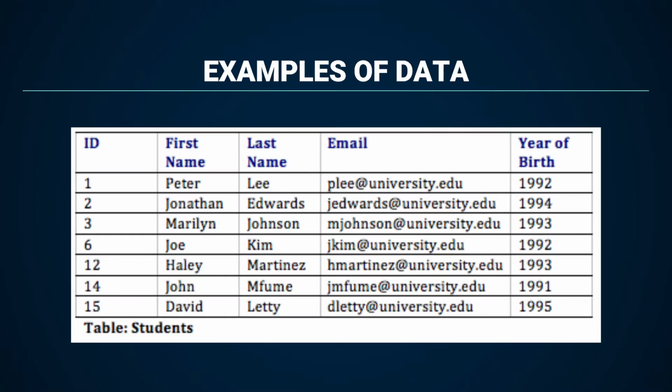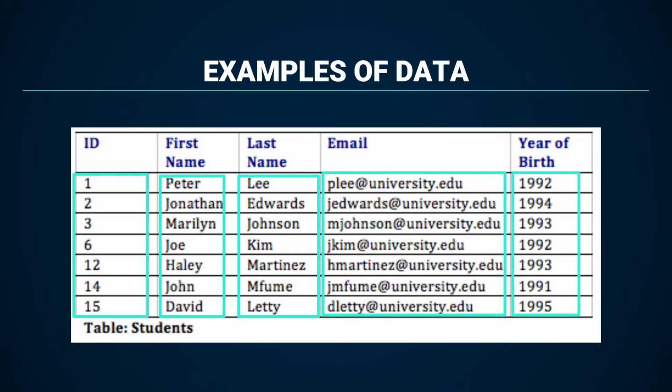In this table entitled Students, can you identify the data given? Yes, you are correct. These are ID, first name, last name, email, and year of birth.